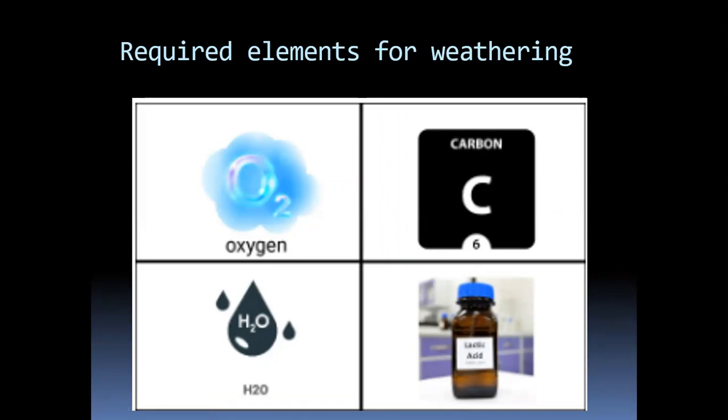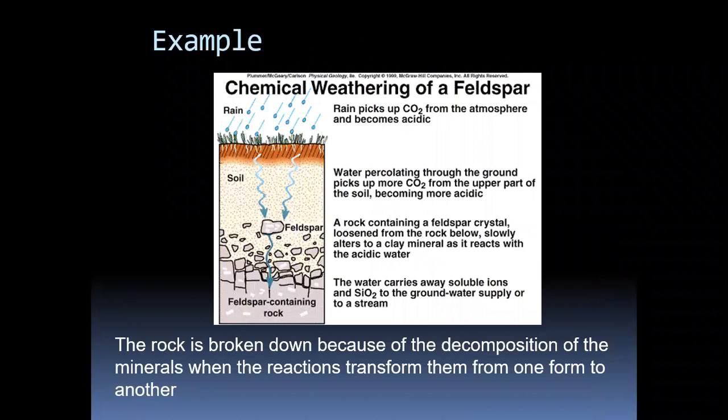The presence of these elements with the rocks and their interaction can break down the minerals or change the minerals through different chemical reactions. And through these chemical reactions, the rocks will be broken down and converted into soil.